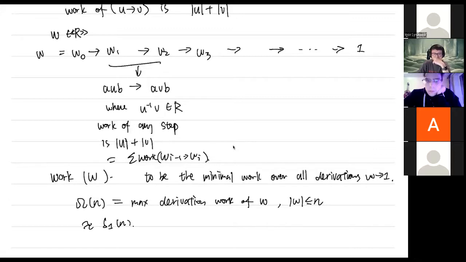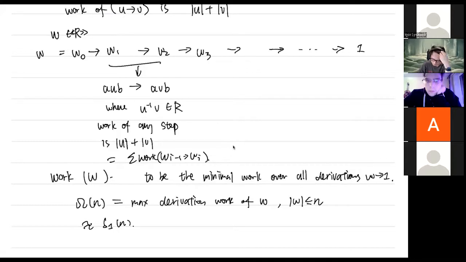But actually, we can generalize this. We can consider not just the number of cells or the number of relations, but a weighted sum of relations. We can assign a weight to each relator, and in this definition, this means that we assign the weight which is equal to the length of the relator.